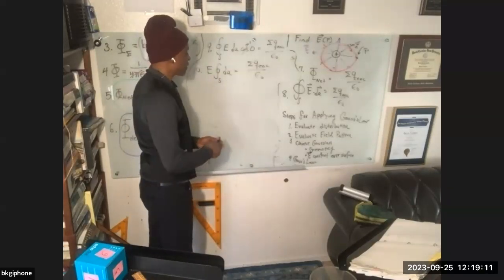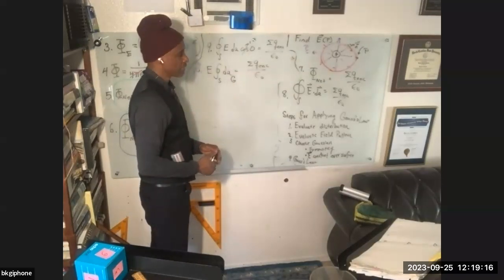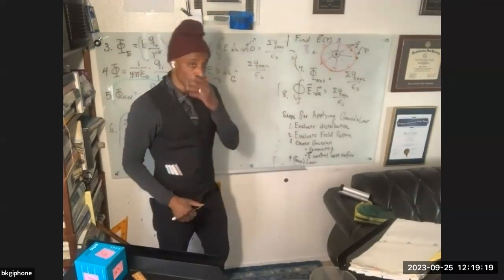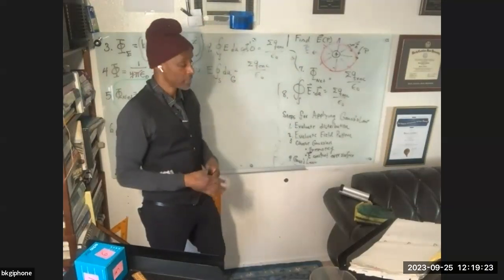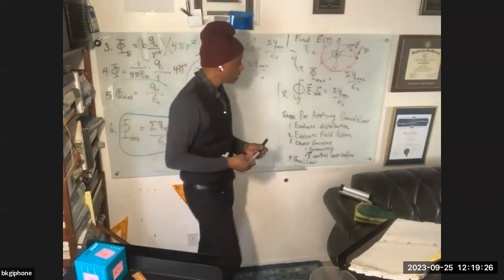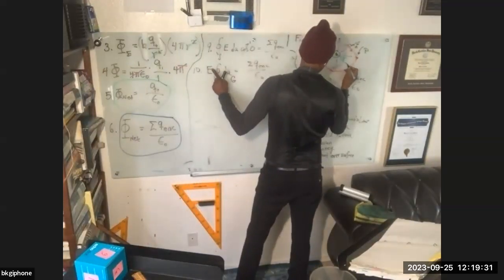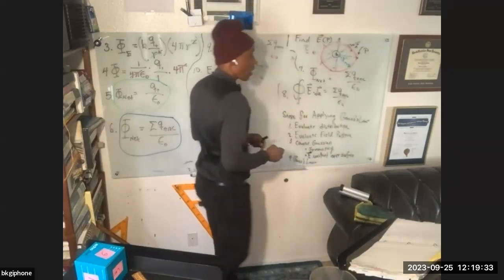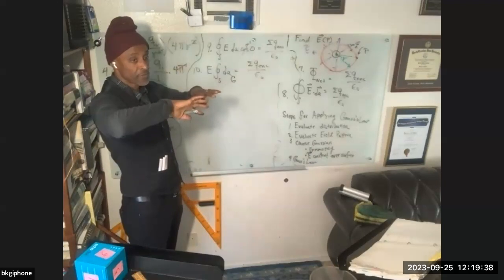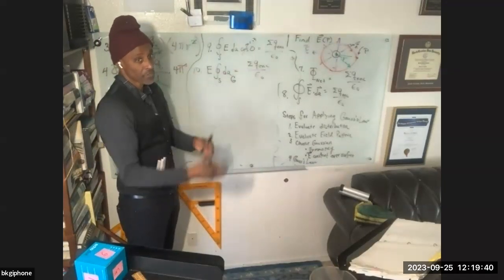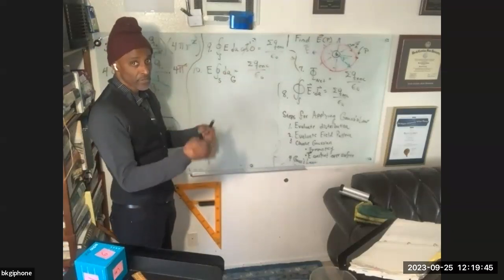Where r is obviously the radius of the, now be careful, that's another thing. This is the area of the Gaussian. Again, this is a point charge, so it doesn't really have any shape, but we're going to do problems on Wednesday where we have a spherical shape with a non-zero radius. So don't get it twisted. The area on the left side of this equation is always the area of the Gaussian, not of the charge distribution. Sometimes, if the charge distribution is a sphere, you can lay the Gaussian right over its surface, so the radii are the same.